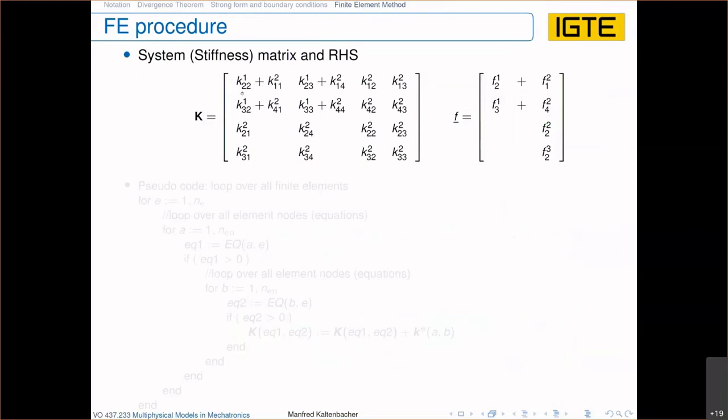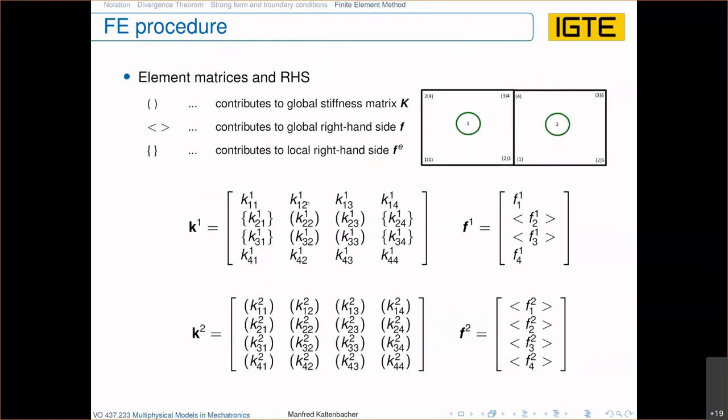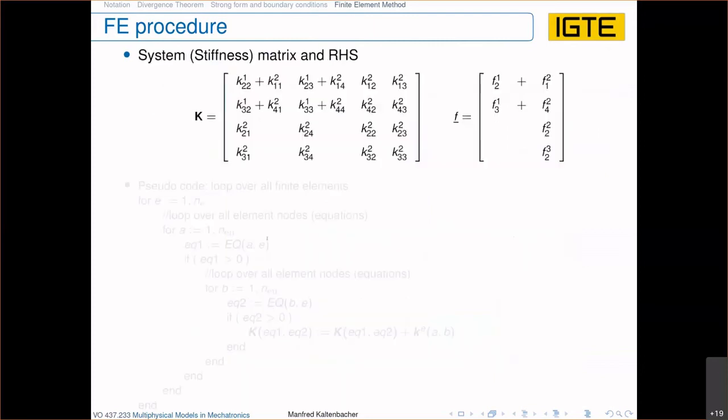So you see here always the indices are according to what we have here. These are the local node number 2, 1, local node number 3, 1, for example, and the superscript will give 1 for the first element and 2 for the second element.